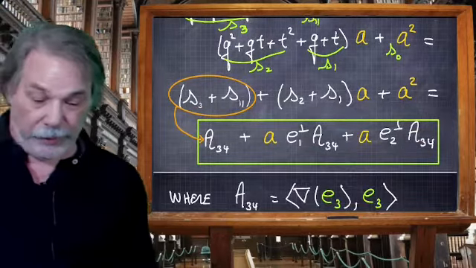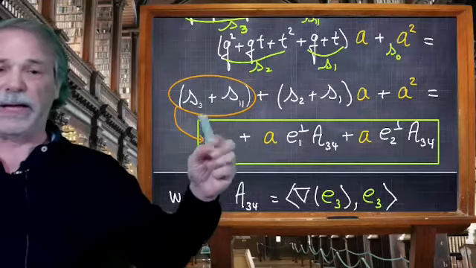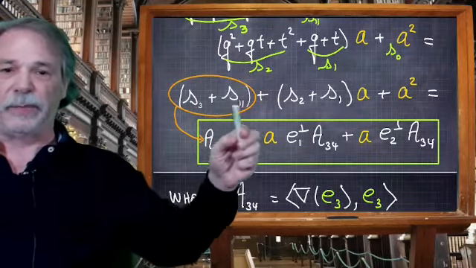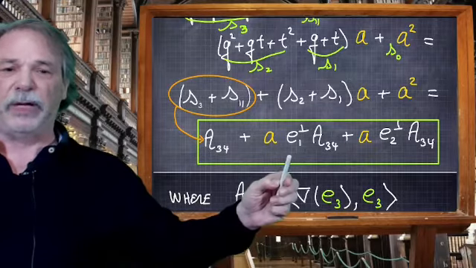And now you can get everything from the first guy, which is S3 plus S11, by applying this operator E1.